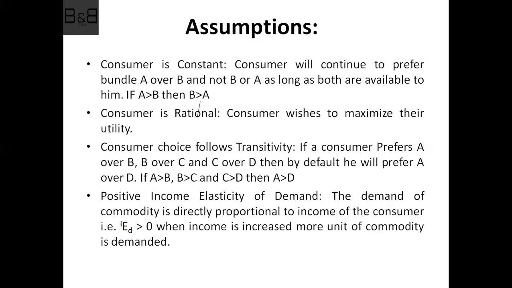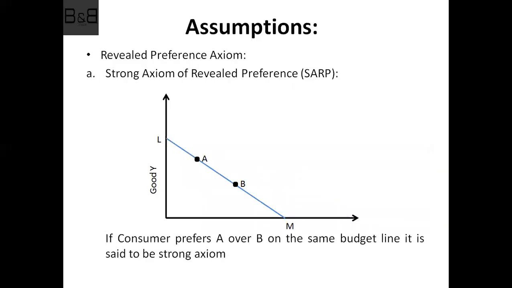This again verifies his second assumption, that the consumer is rational. They will always try to maximize their utility, since the increase in income allows them to increase the number of units consumed, so the consumer will do so.